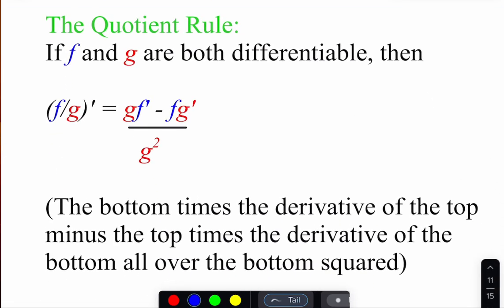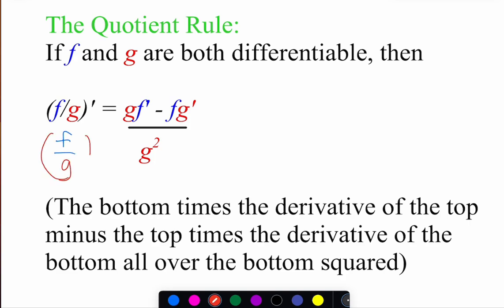There's also a quotient rule. The quotient rule is just as important if we have two things that are divided by each other. So let's write that as F divided by G. If we were taking the derivative, I always say it in my brain as the bottom times the derivative of the top minus the top times the derivative of the bottom, all over the bottom squared.